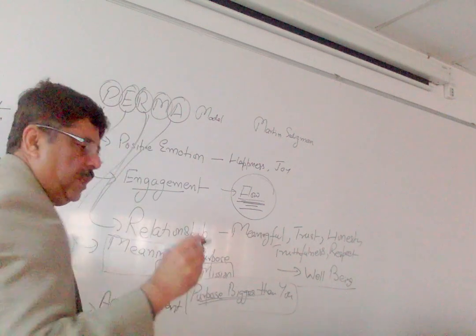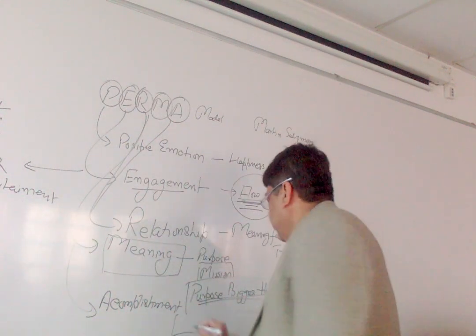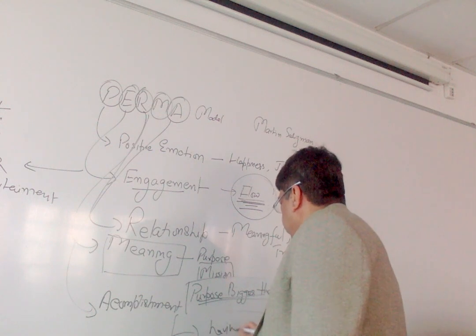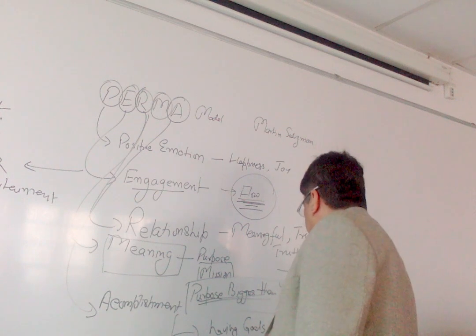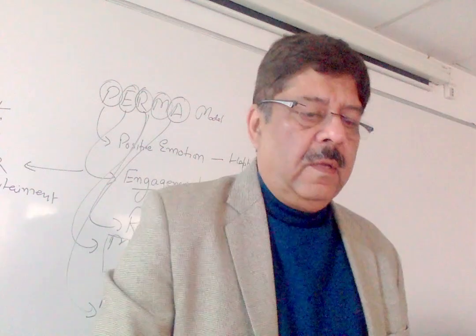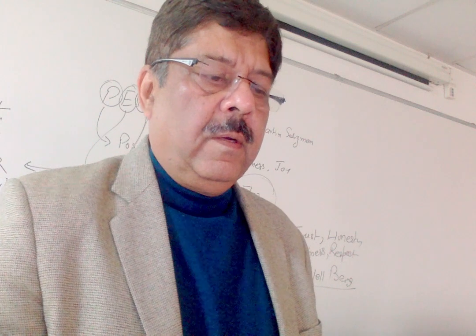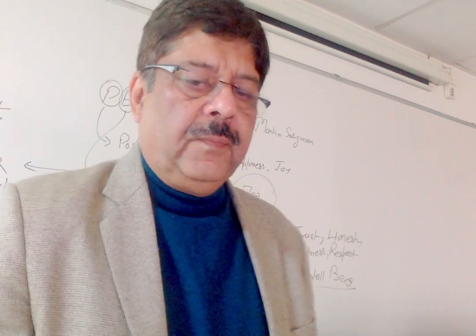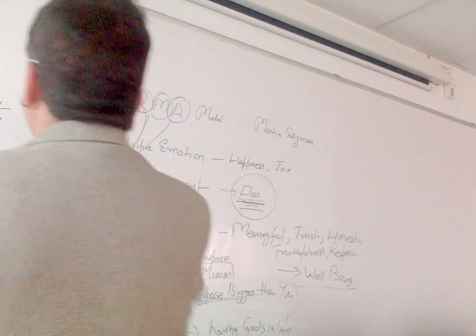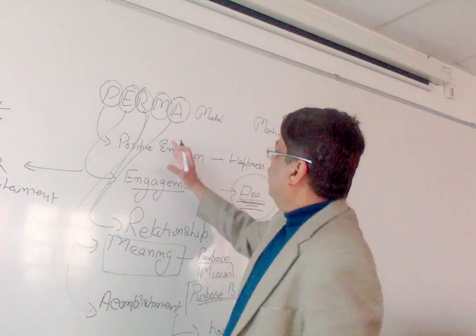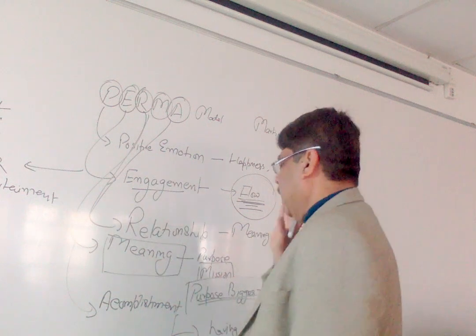Now what is this? Accomplishment is having goals in life. If you have goals, then you have more energy, more social well-being, right? So this is the PERMA model: positive emotions, engagement, relationship, meaning of life, and accomplishment.